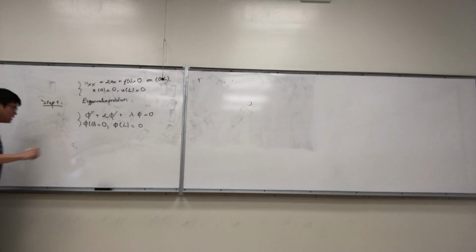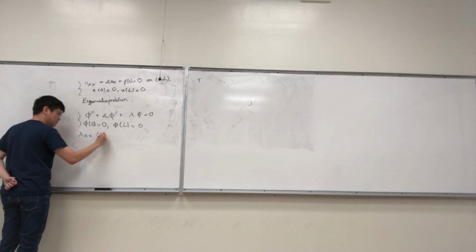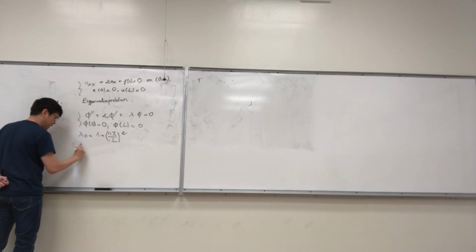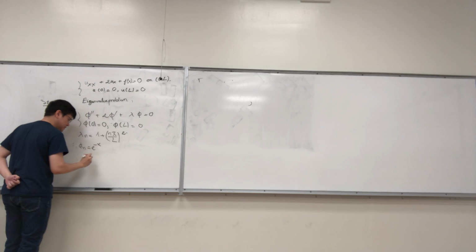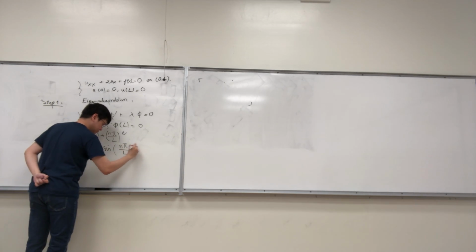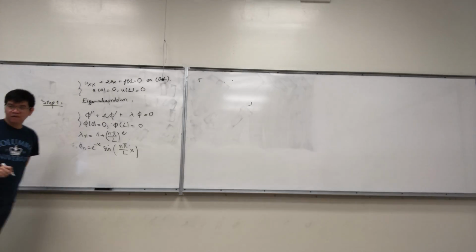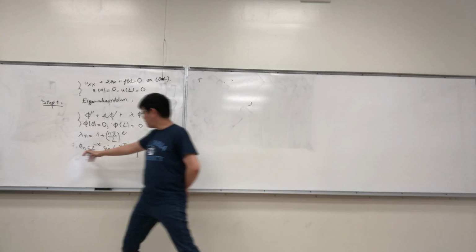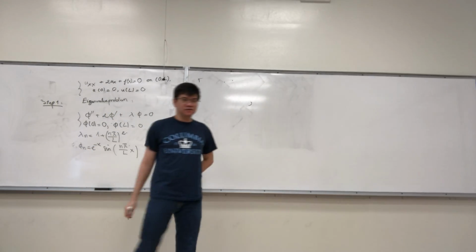So we found that lambda_n is 1 + (n pi over L) squared, and phi_n is e to the minus x times sine of n pi over L x. So solving this problem, we found eigenvalues and eigenfunctions.